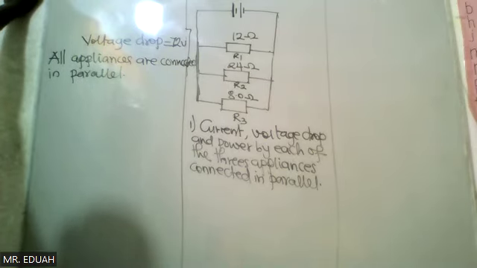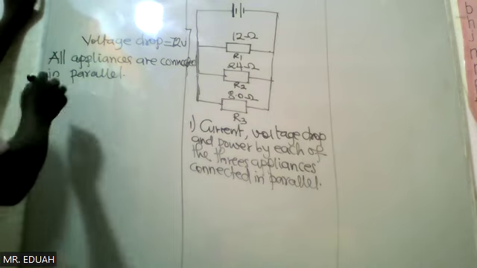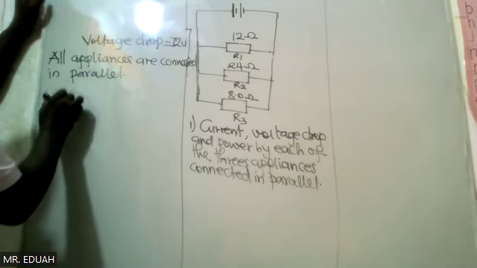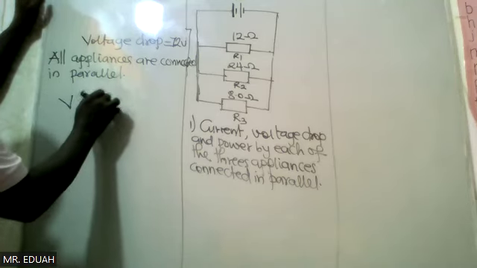The second thing is, let's look at current. From Ohm's law, voltage is equal to IR.